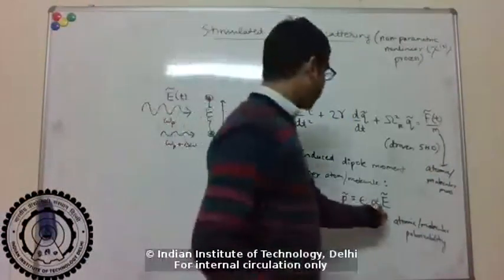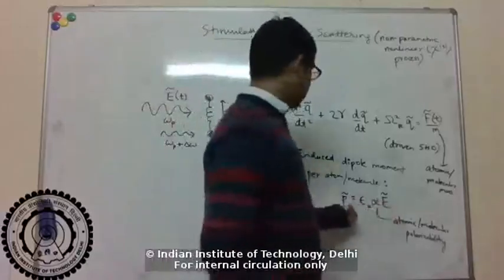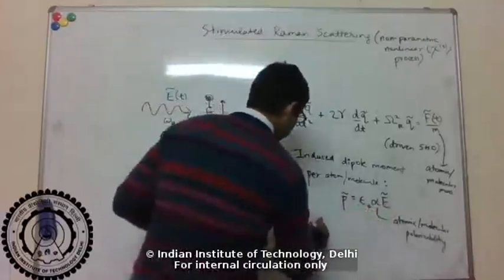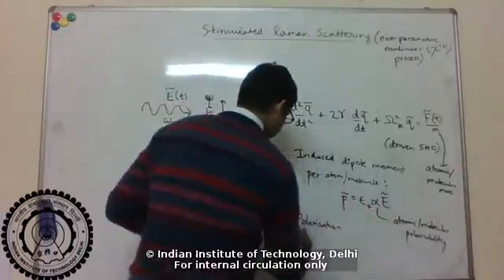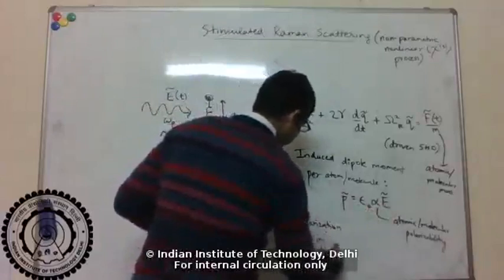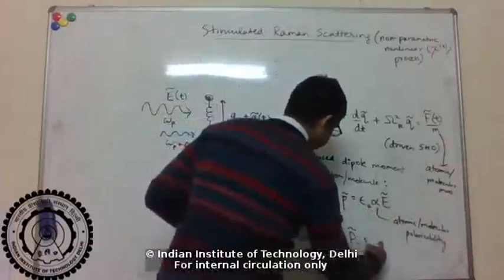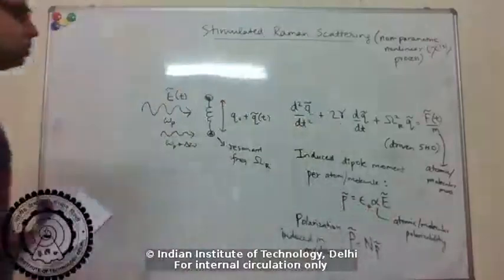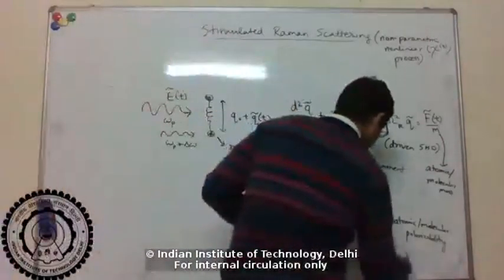You know that chi 1 was the proportionality constant between the polarization induced in the medium and the electric field. The capital P, the polarization induced in the medium, is just the atomic or molecular density times this per-atom dipole moment.